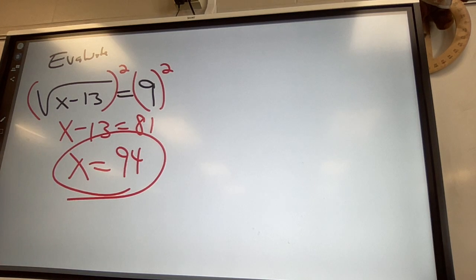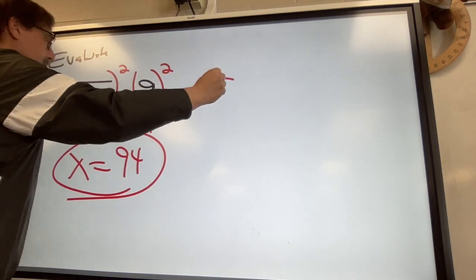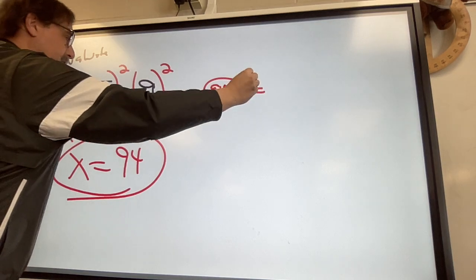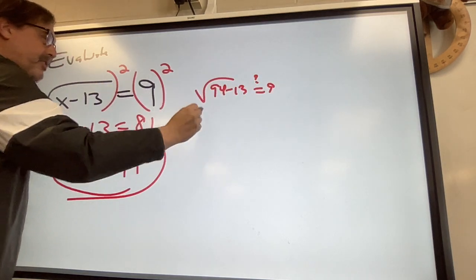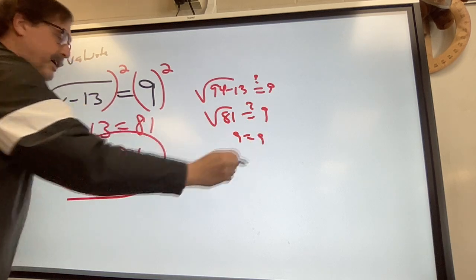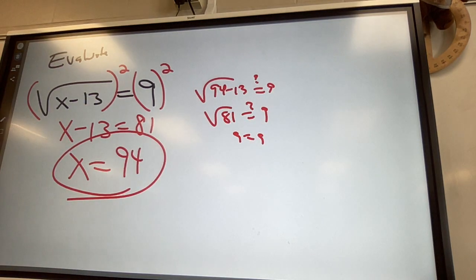Double check to make sure it works and that it is not extraneous. You go 94 minus 13. Does it equal 9? 94 minus 13 is 81. Does the square root of 81 equal 9? It sure does. It is not extraneous. It worked. So you double check it to make sure it works and that it is not extraneous.